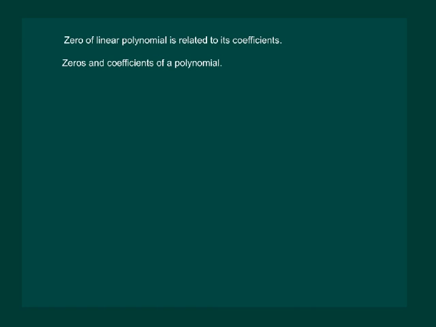Let us take a quadratic polynomial f(x) equal to 6x square minus x minus 2. To find the zeros of this polynomial, we know the method of splitting the middle term. Let us recall, we multiply a with c and get 12, then prime factorize and arrange these in such a manner so that we get b.